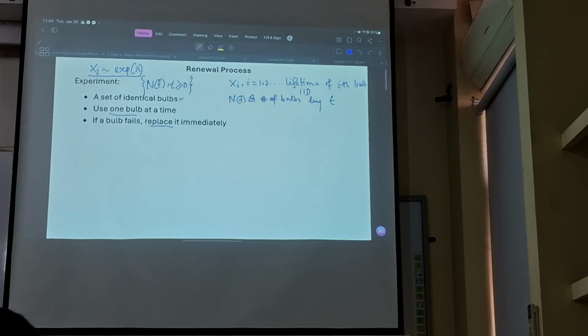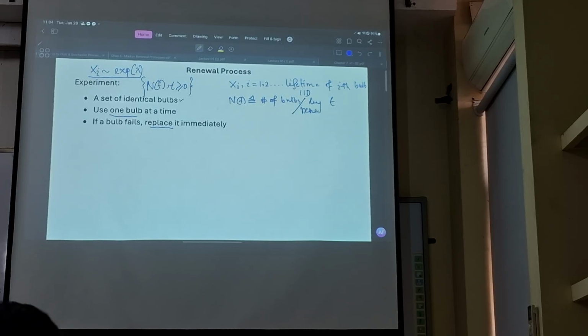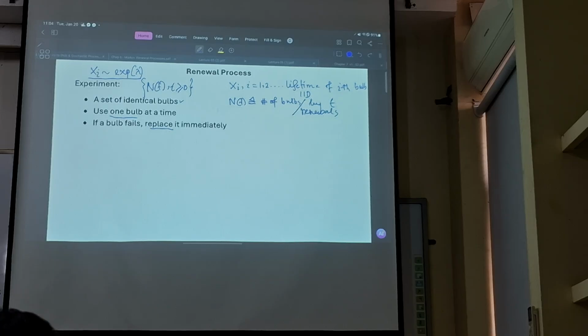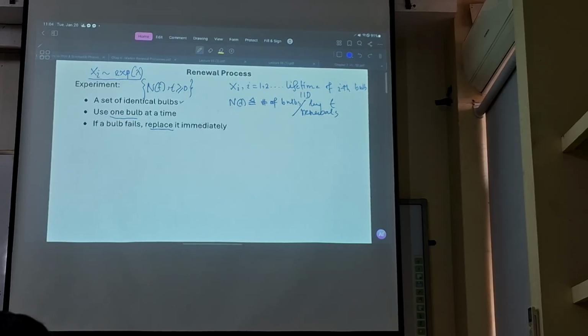We renew the bulb, and the number of bulbs, or sometimes we say the number of renewals by time t. N(t) represents the number of renewals by time t. Then N(t) is a Poisson process when Xi's are IID and exponential.